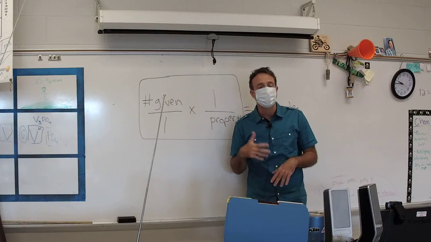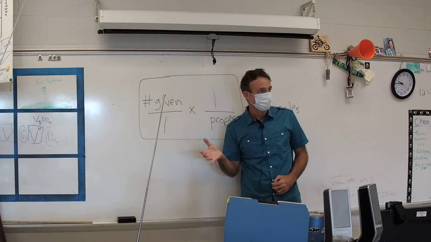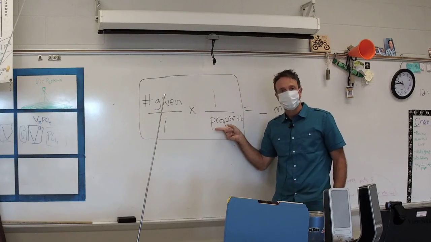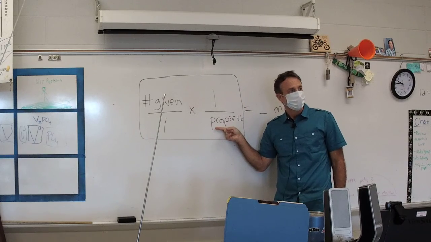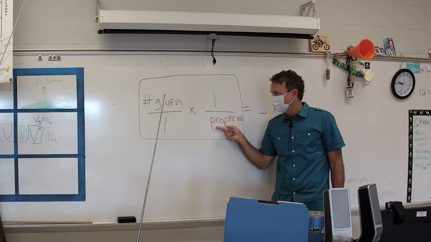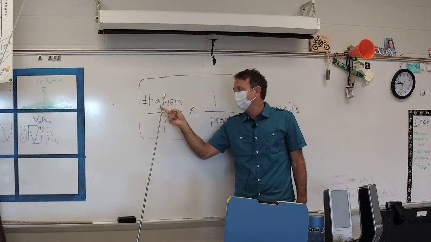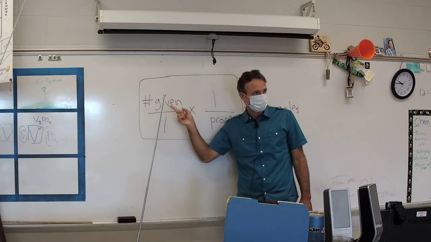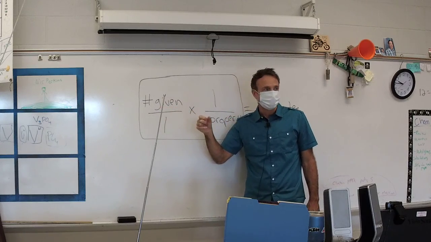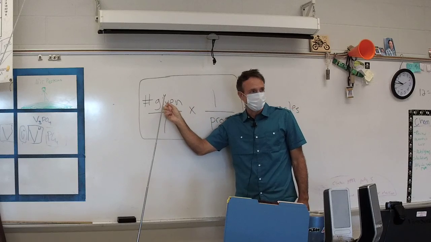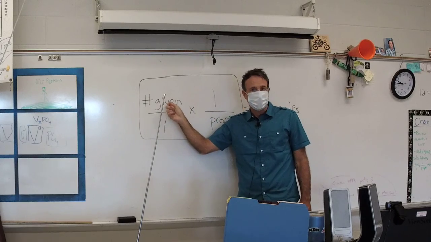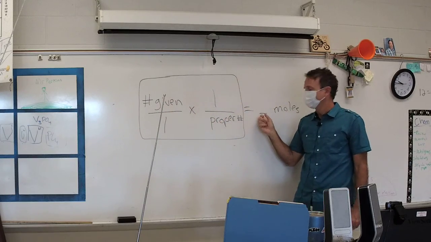For example, if you had O2, oxygen gas, the proper number would be 32 grams of oxygen. That would be 1 mole. And the given number will be how many grams you have in your sample. So if you were given 8 grams of oxygen gas, 8 out of 32 would be 0.25 moles.